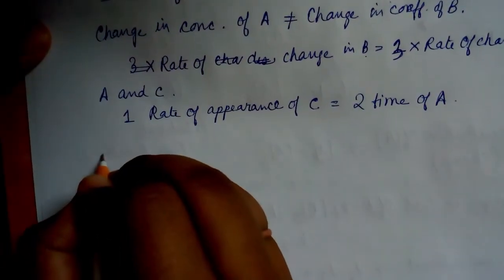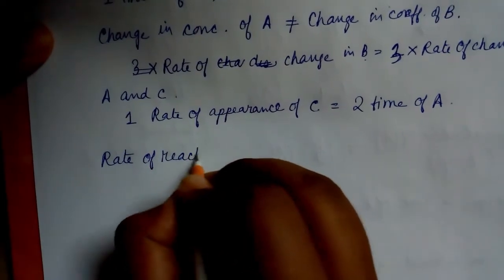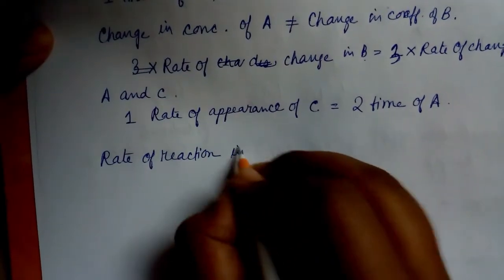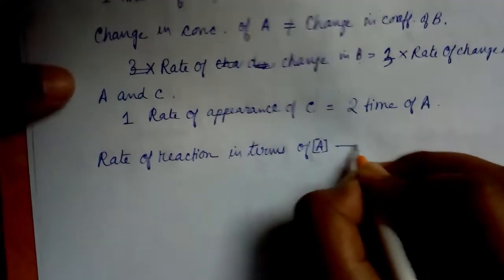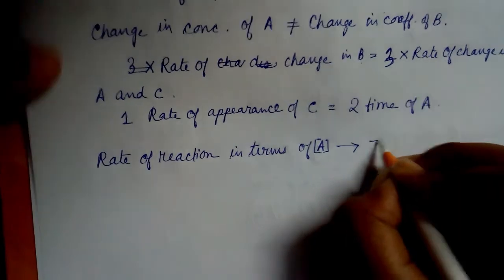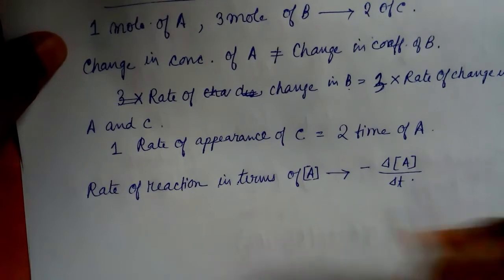Now the rate of reaction in terms of A can be minus delta A by delta t.